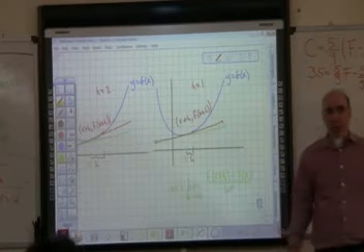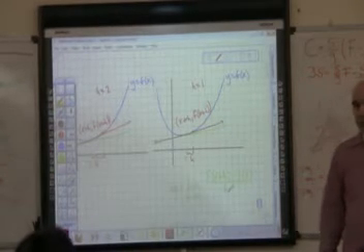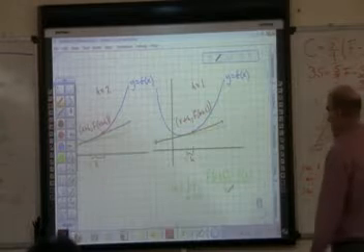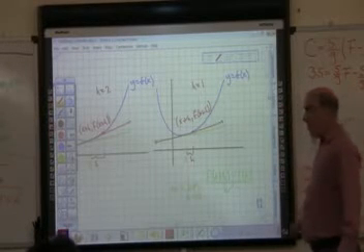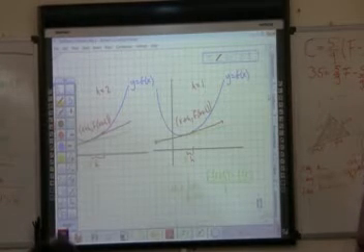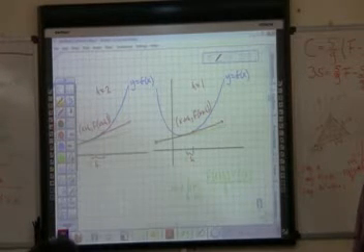That is the slope of the green line. That difference quotient, the limit of that difference quotient.